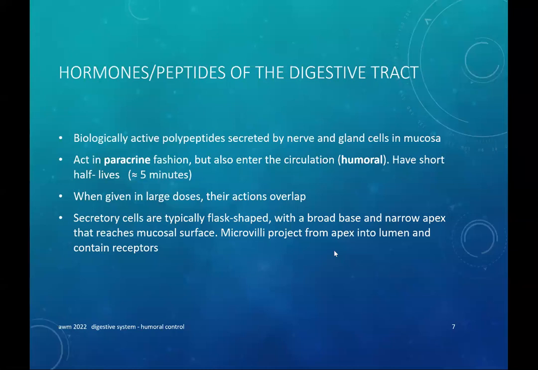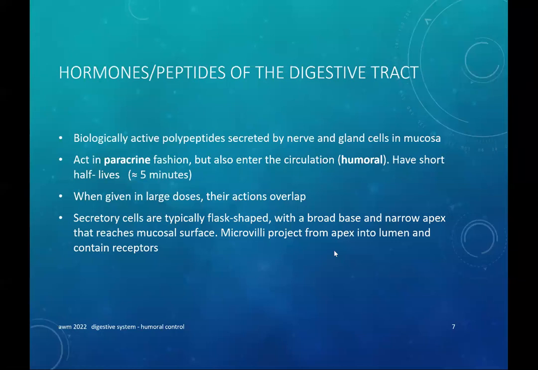Now, unlike other chemicals, when they're given in large doses, they tend to have their actions overlap. For example, some of these peptides in small doses can decrease motility. Others in small doses can increase secretion. However, when you give each of them in large doses, you find that they affect more than the secretion.